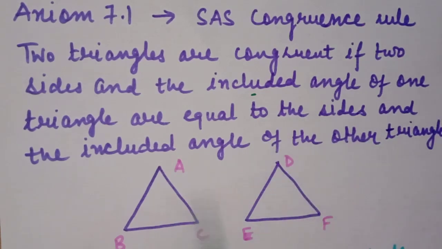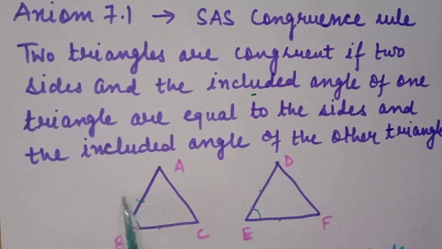I will explain with the help of a diagram. Two triangles are congruent if two sides, first if I take AB is equal to DE, BC is equal to EF. So I always take this angle B and angle E, because this angle is present in between these two sides.